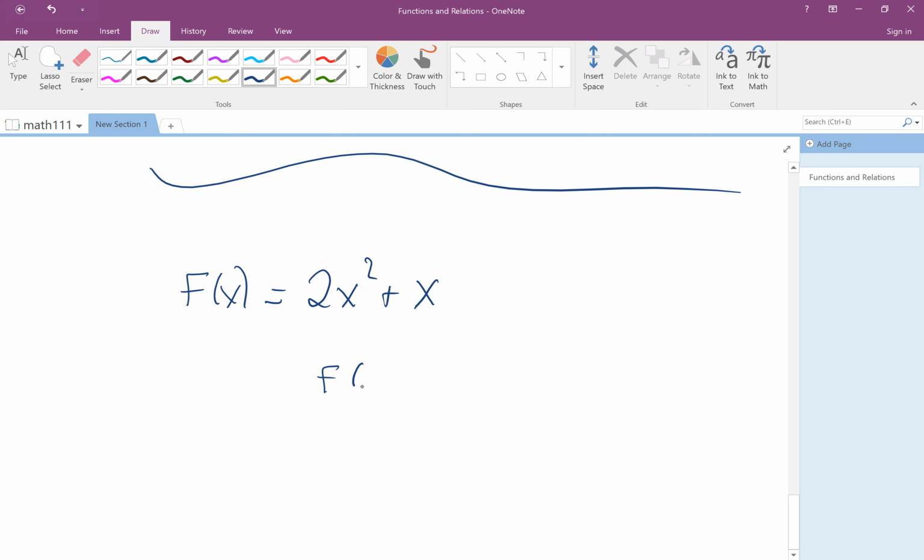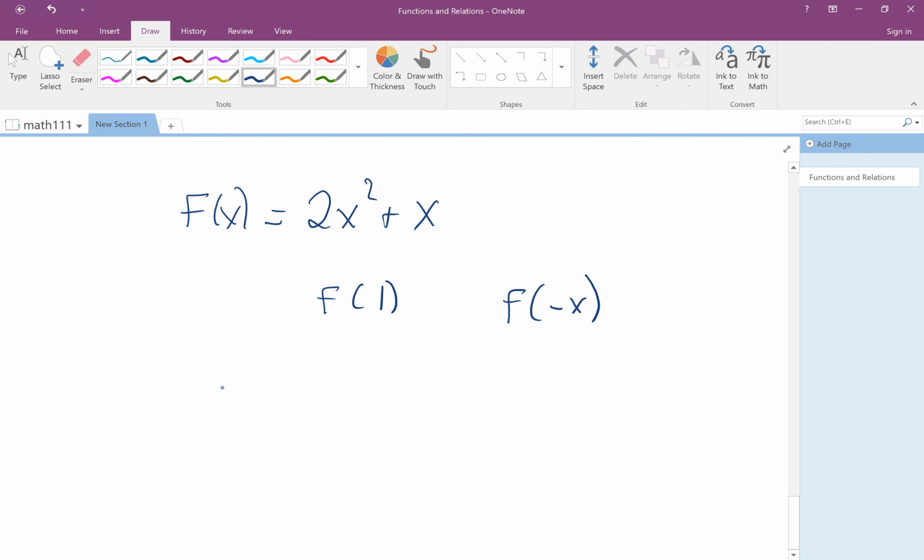For example, find f of 1. They want us to find f of negative x. They want us to find f of x plus 1. They want us to find f of 2x.